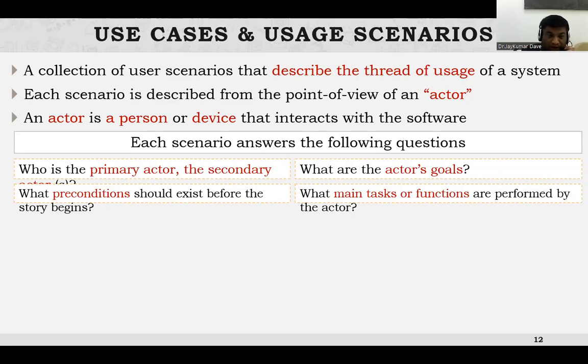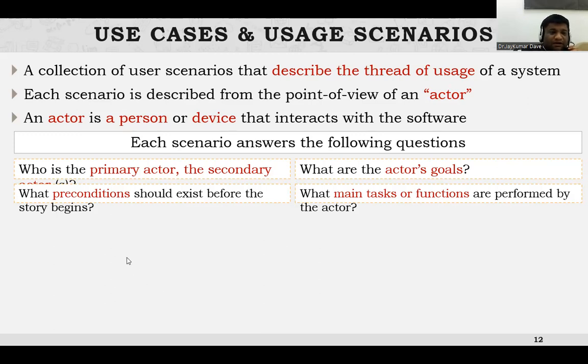Each scenario is described from the point of view of an actor. This is the most important aspect, my dear students: we emphasize our actors, who are the users of our system, and all the scenarios that we describe and derive are from the perspective of the actor itself.